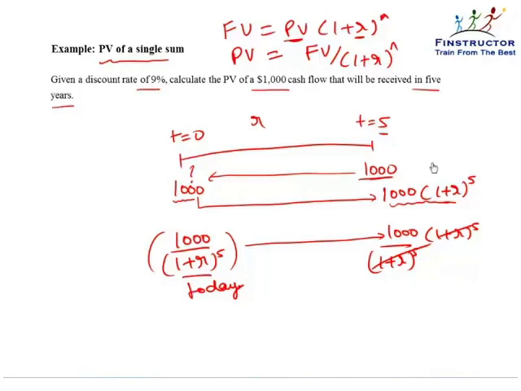We're getting $1,000 at the end of 5 years, and the rate of discounting is 9%. So the present value would be given as 1,000 upon 1.09, or 1 plus 0.09 to the power 5. Again, we'll calculate this using the brute force method first, and then using the time value of money sheet.